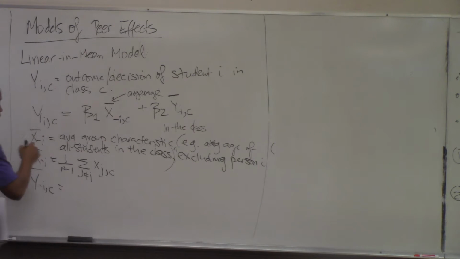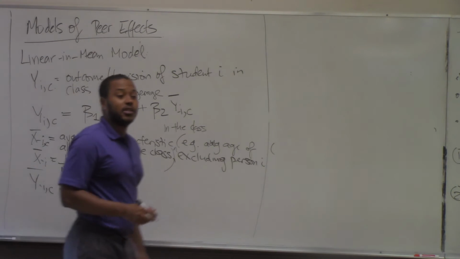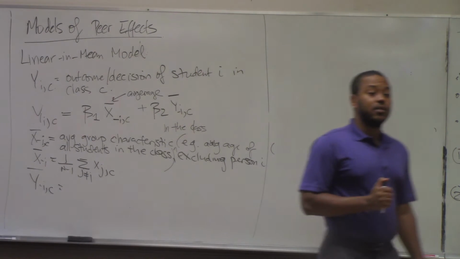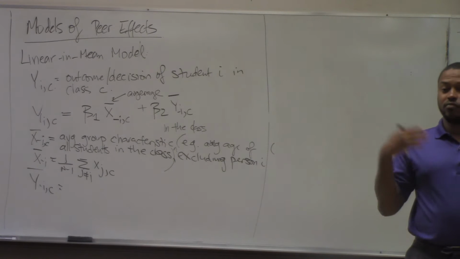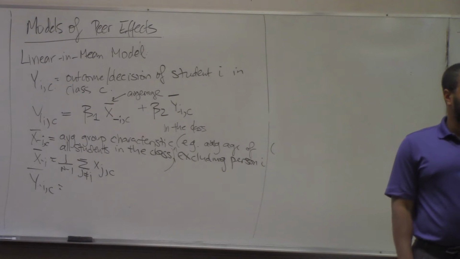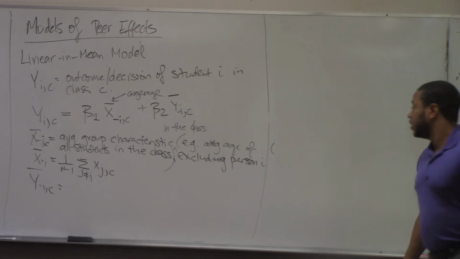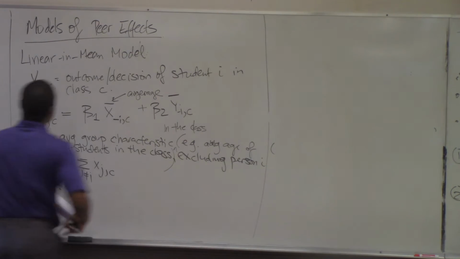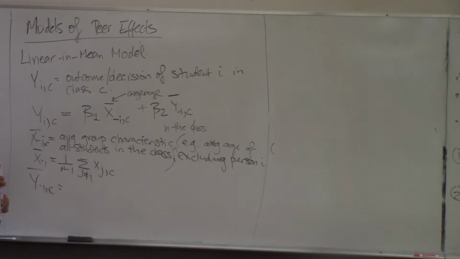You know what x bar minus i comma c is. So what's y bar going to be? Come on, don't be afraid. The average of what? So this is y bar, so it's the average of what? It's on the board.